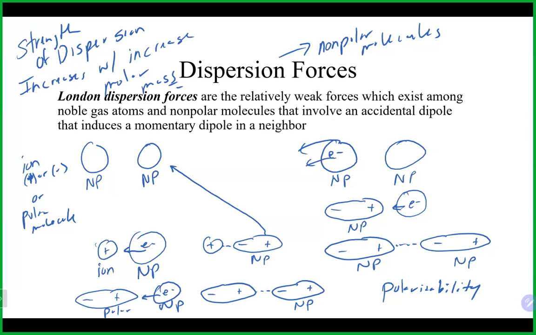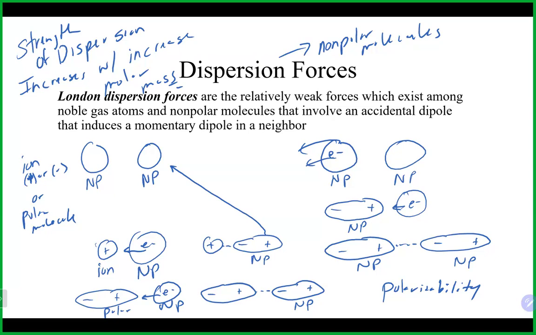And if you have more atoms, that means you have more electrons, and you have a greater opportunity for those electrons to go one way or the other and separate out a charge. It also gives more places where that interaction could actually occur. So if you're trying to determine the strength of one dispersion force versus another, the one that has the greater molar mass will be the stronger dispersion force. Still super weak, but it'll be the strongest, weakest force, if you will, in that particular case.